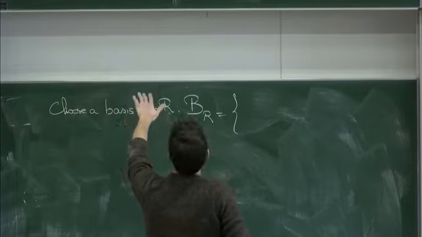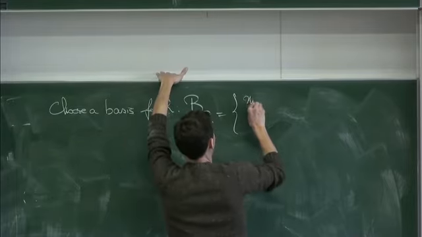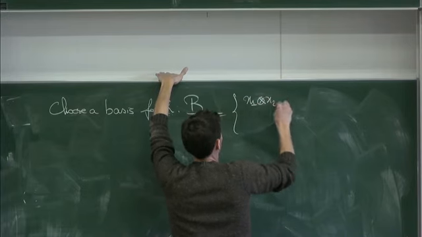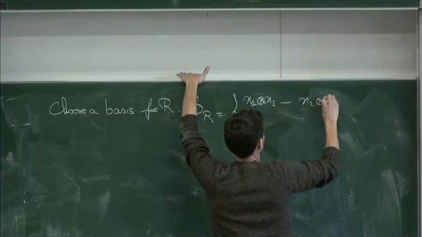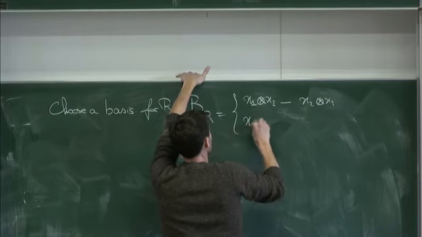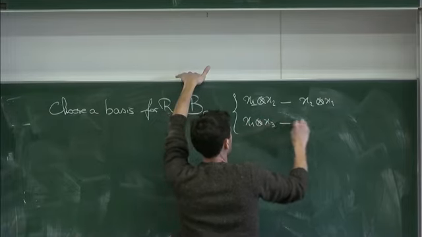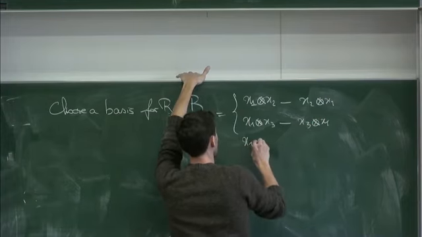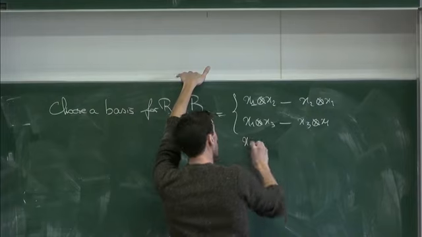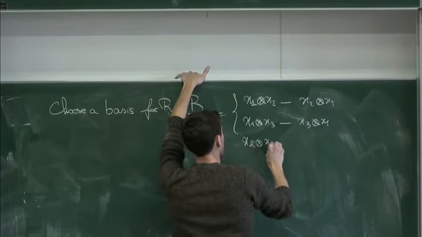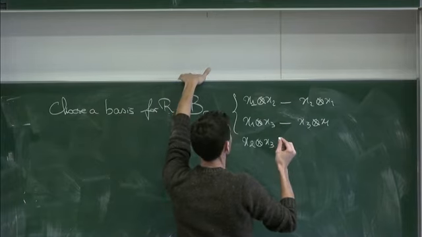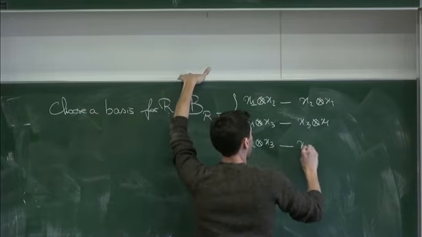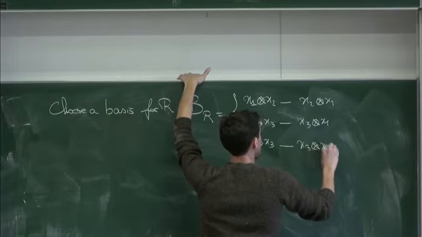So here I will have x1 times x2 minus x2 times x1, x1 times x3 minus x3 times x1, and so on. I'm writing them in the wrong order anyway. Okay.